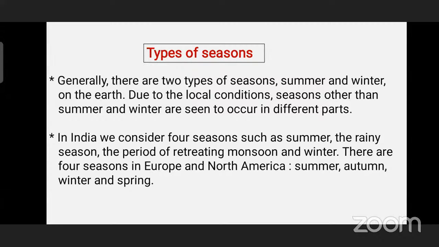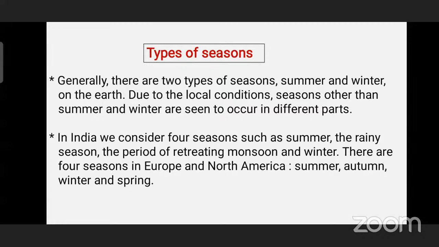So here, the next point is what? In India, we consider four seasons: summer, the rainy season, the period of retreating monsoon, and winter. So, students, you know summer, rainy, and winter season. What is this retreating monsoon? Retreating monsoon means when the rainy season ends, after that, again some rain occurs in the month of September and October.